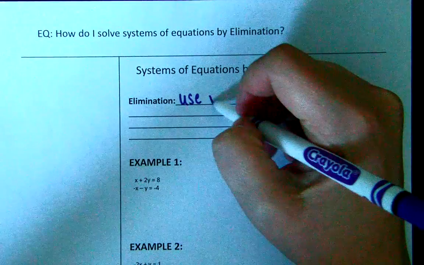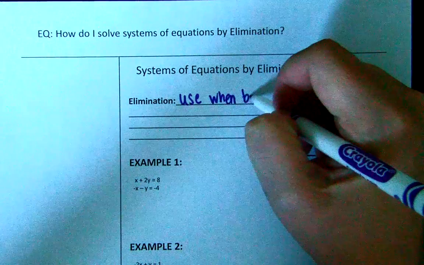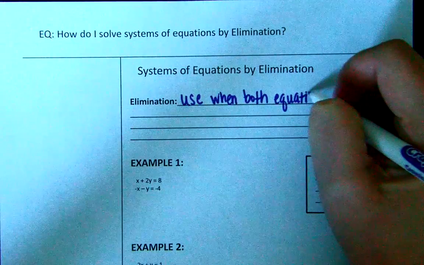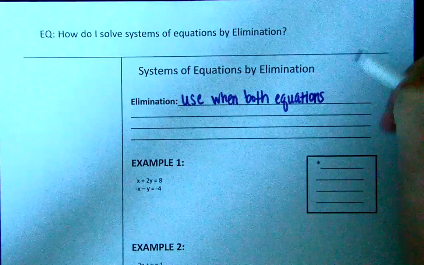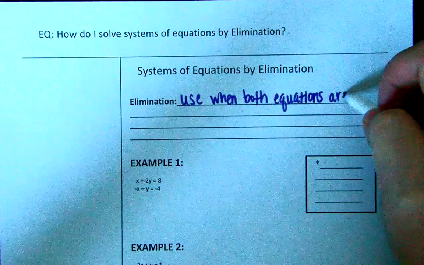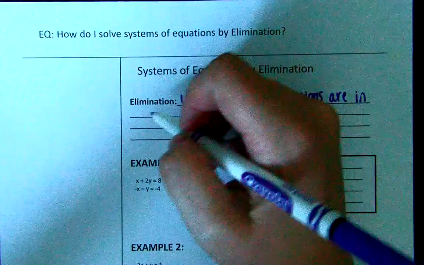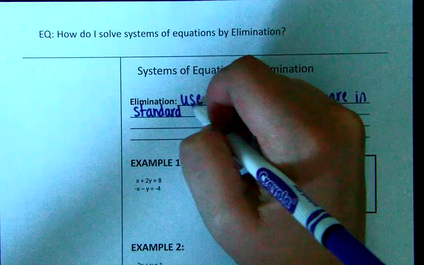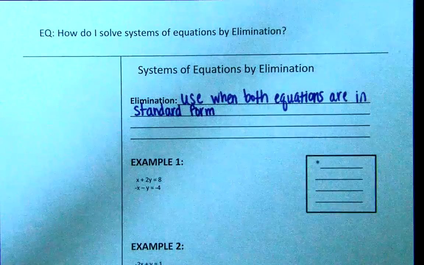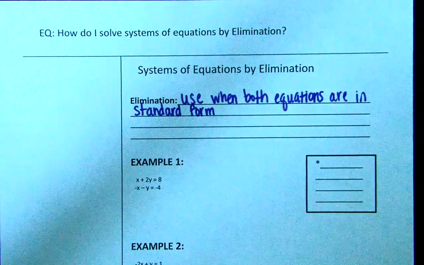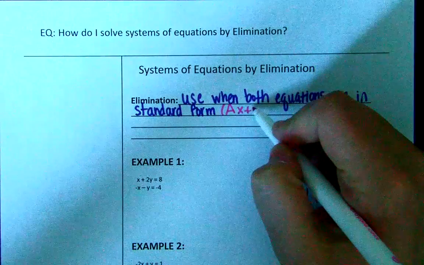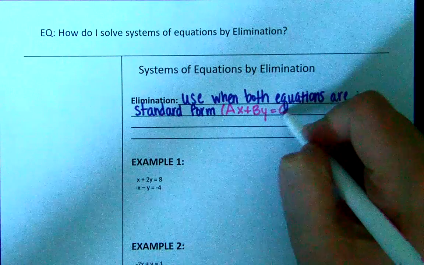when both equations are in standard form. So, remember, standard form is ax plus by equals c.